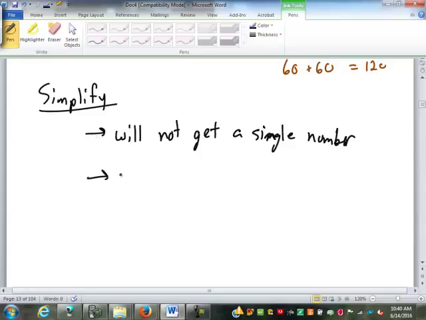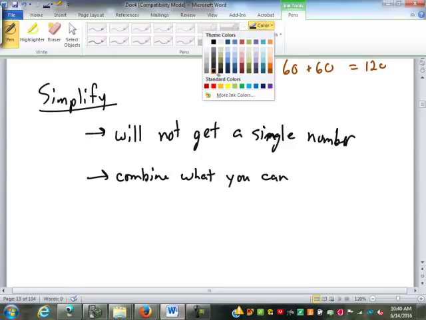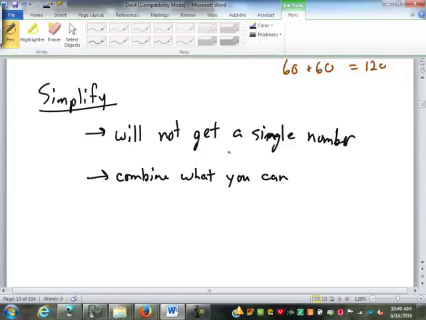Simplify is usually asking you to combine what you can. There are some things you cannot combine, though, and we'll look at those as we go through these rules.